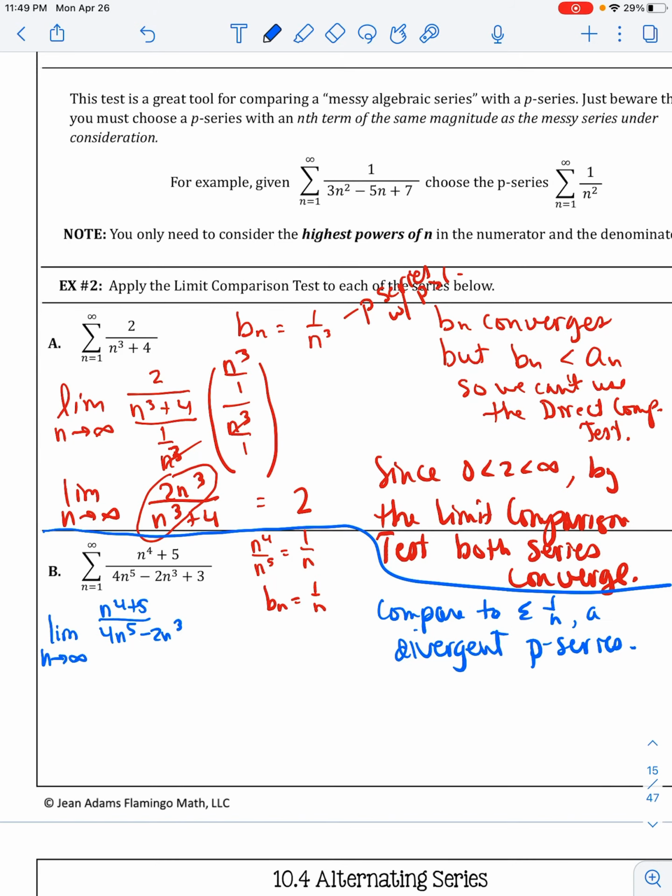And so we're going to take the limit as n goes to infinity of our n to the 4th plus 5 over 4n to the 5th minus 2n cubed plus 3 divided by 1 over n. And of course, n over 1.